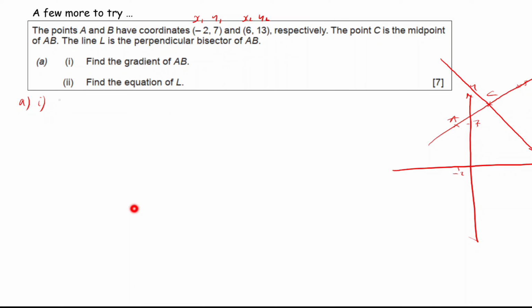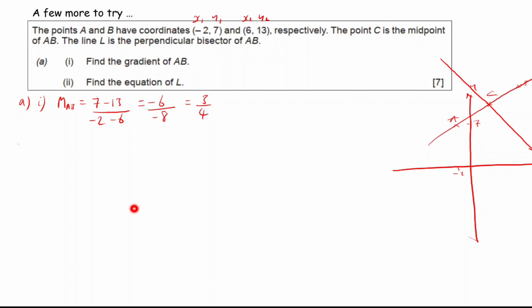So part 1, our gradient, or our m of AB, is equal to y1 minus y2, so 7 minus 13 over x1 minus x2, which is minus 2 minus 6. That gives us minus 6 over minus 8, which gives us 3/4 as our gradient.